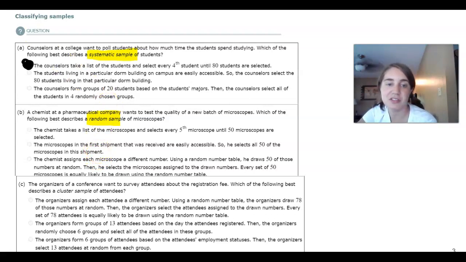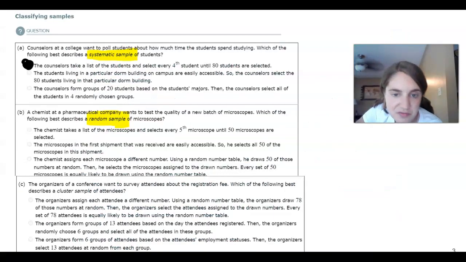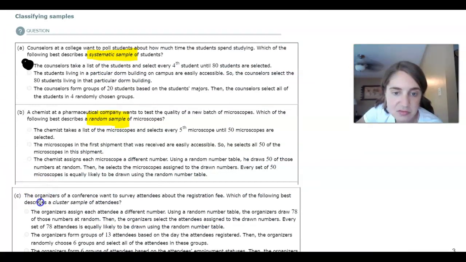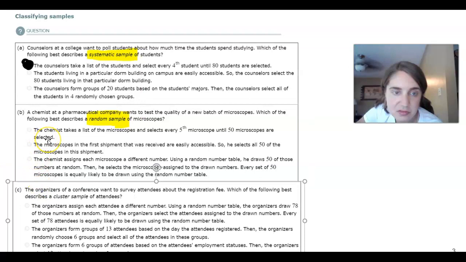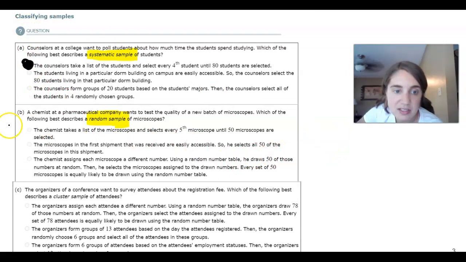Which of the following is a random sample? If we go back to our definition, random sample means that every sample is equally likely to be chosen. Okay, so once you read those, it's this last one.